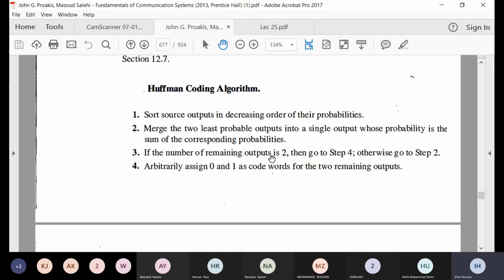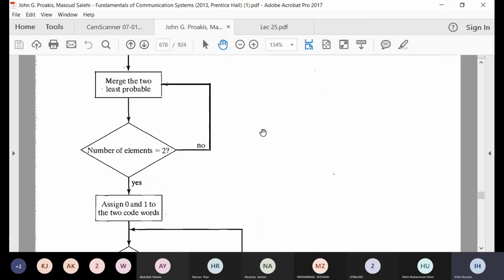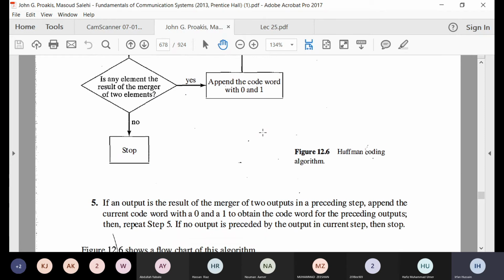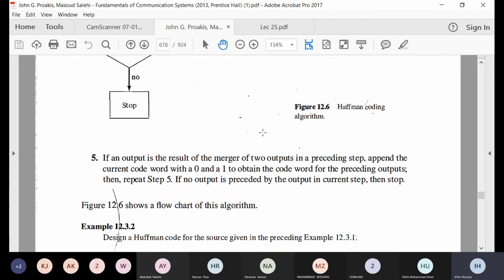If only two alphabets with their probabilities remain, then you just put 0 and 1 and you finish. If more than 2 remain, then you again merge the two least probable, and this continues. This table is also shown, and you can copy from there also.